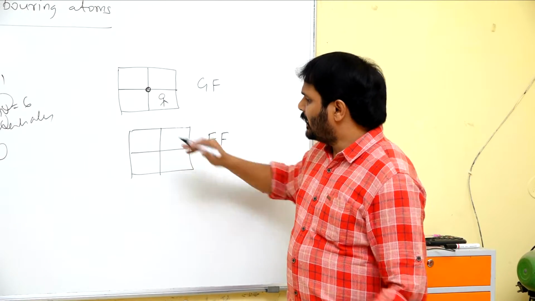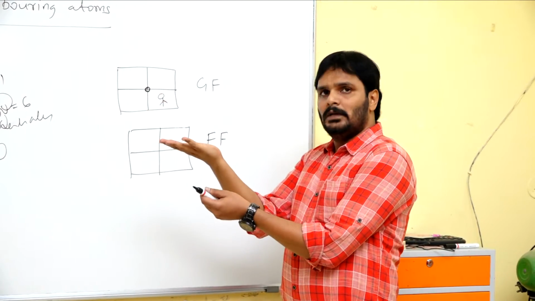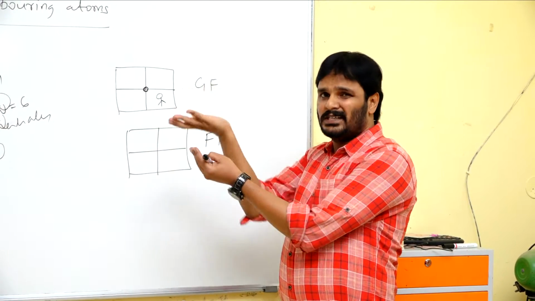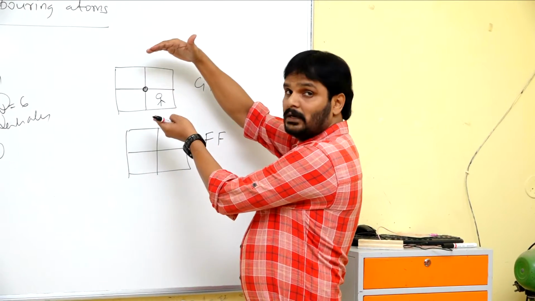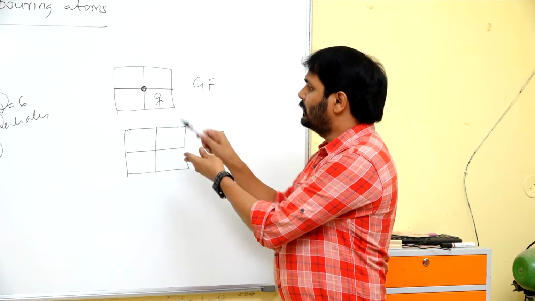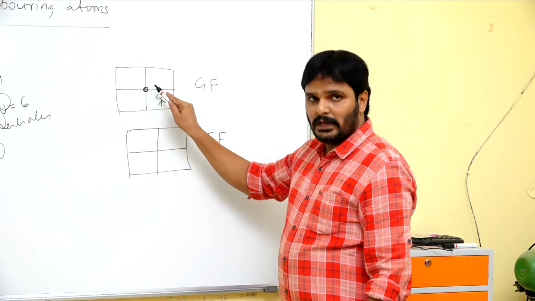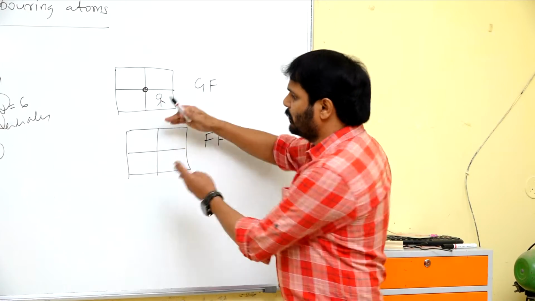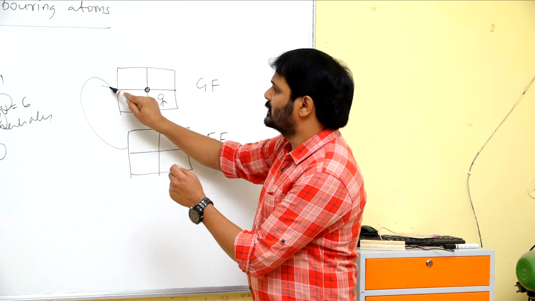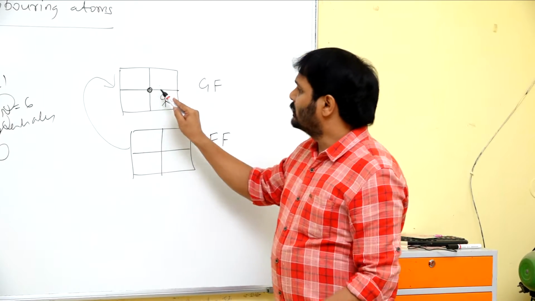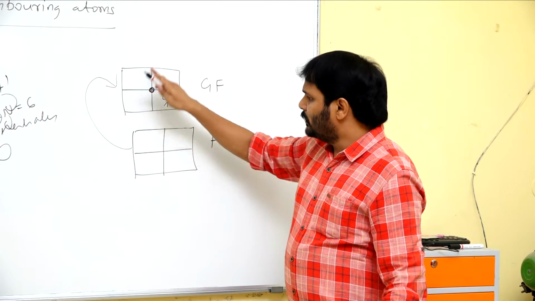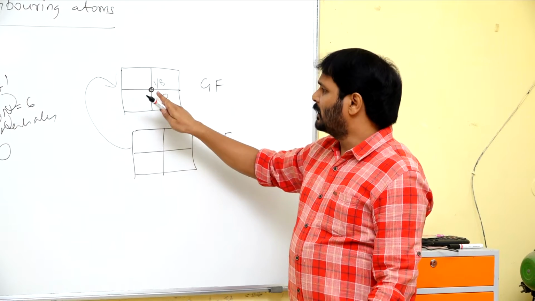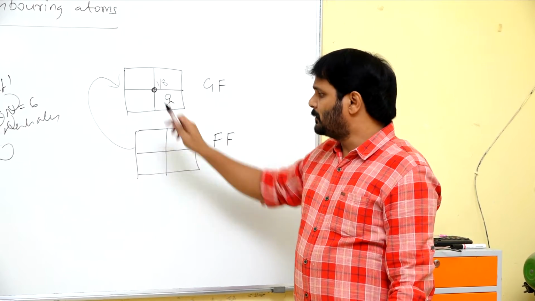On the top of this I am constructing the first floor, again keeping all the 4 rooms on the top. So this point is common to 4 below and 4 above, 8 rooms in total, and the contribution for each one is 1 by 8.